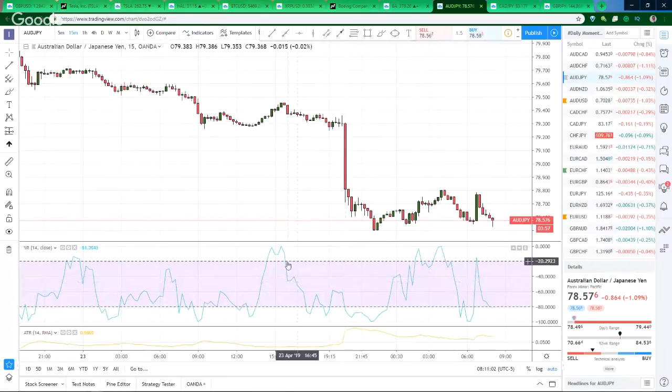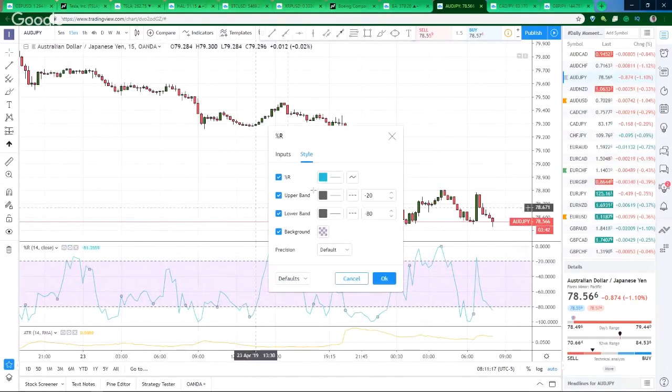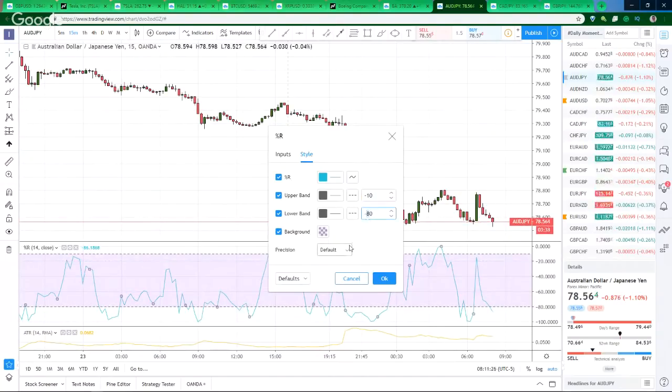So the default is overbought -20 and oversold -80. For the purposes of this strategy, we want to change this. So to do that, you click on this gear right here that says settings, and you change the upper band to -10, the lower band to -90.